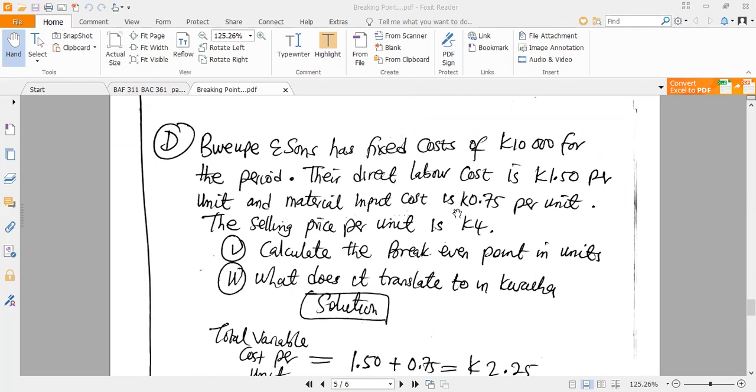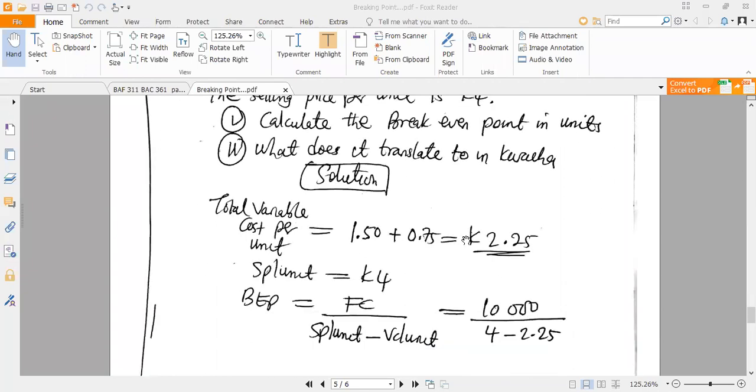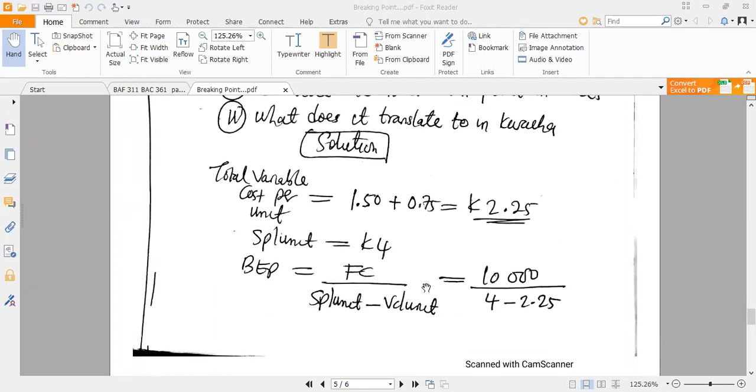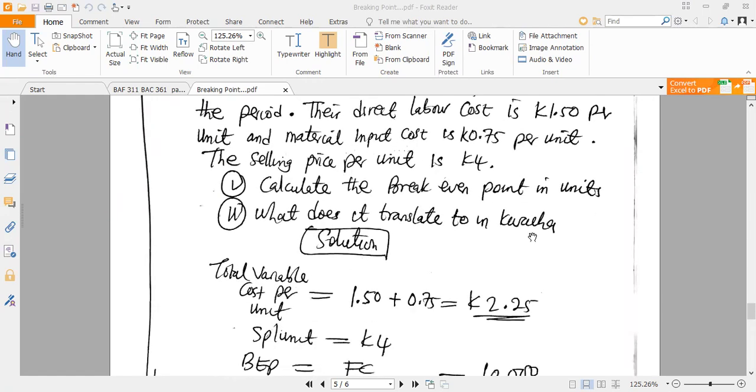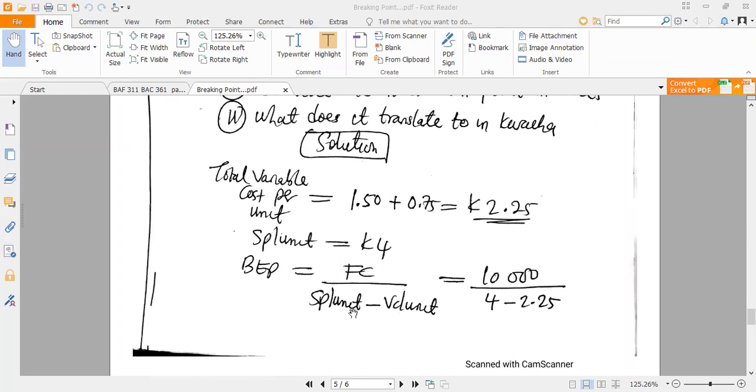Yes, sir. So you find the total variable cost per unit is 2.25. So the break-even point will be the fixed cost of 10,000 divided by the selling price per unit of 4 minus the variable cost per unit of 2.25.